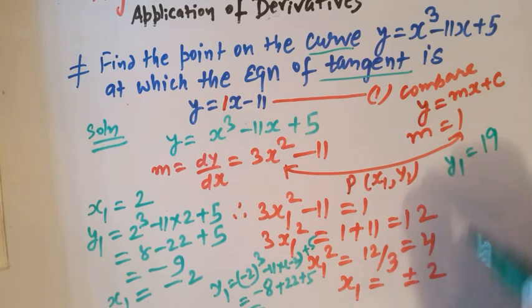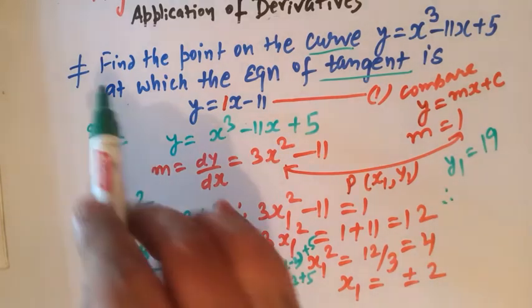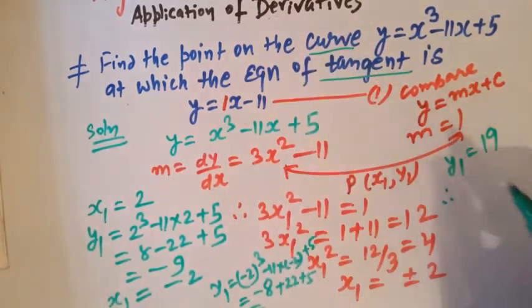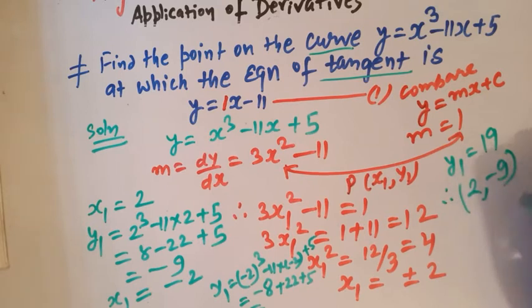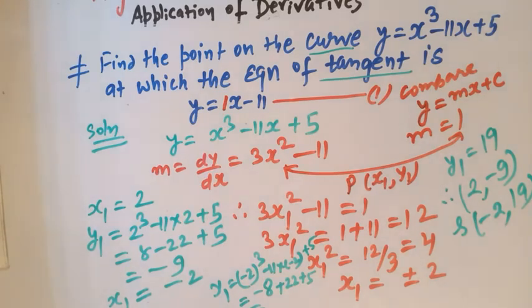Clear? So the required points, find the point on the curve. So the required points are (2, −9) and (−2, 19). Clear? So these are the required points.